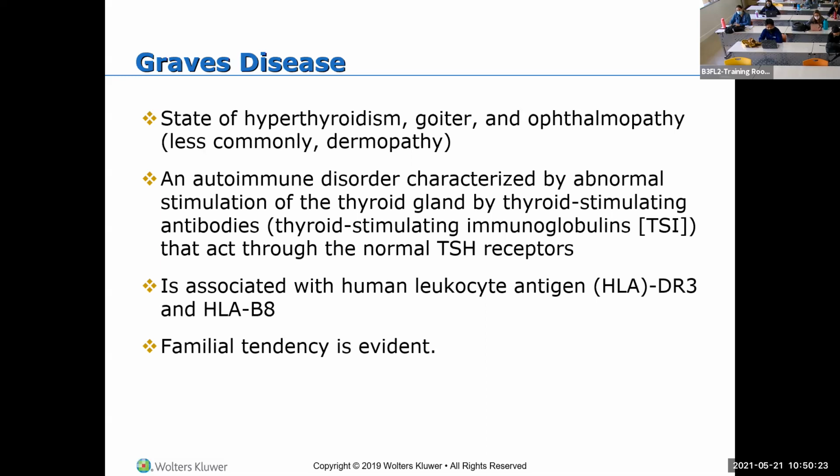G-O-D: Goiter, ophthalmopathy, and dermopathy. God will protect with hyperthyroid. Graves' disease, there are three features: goiter, ophthalmopathy, where the eye will have blurry vision, and thick skin, dermopathy.